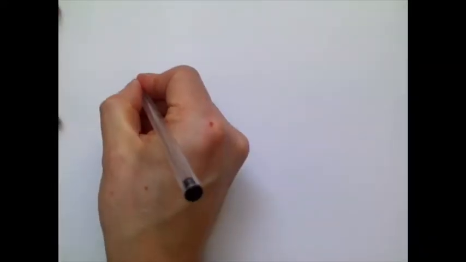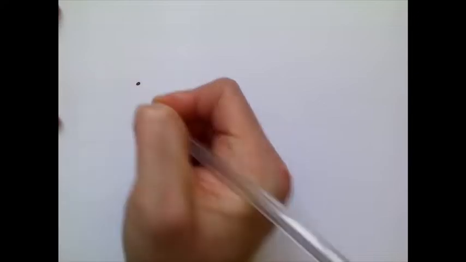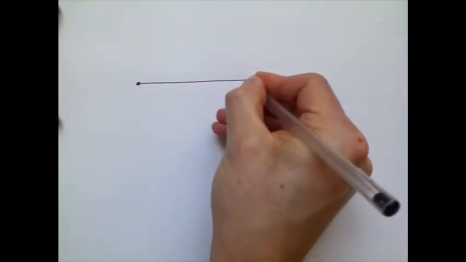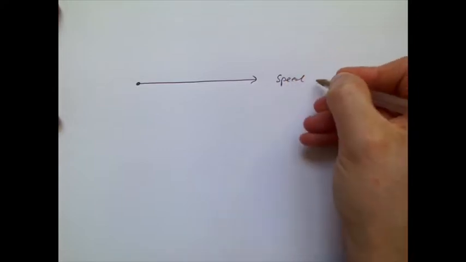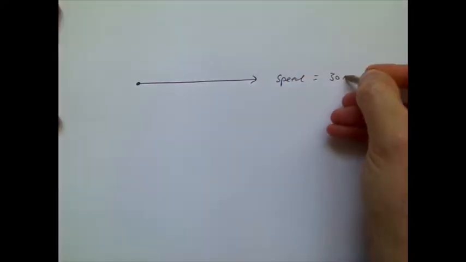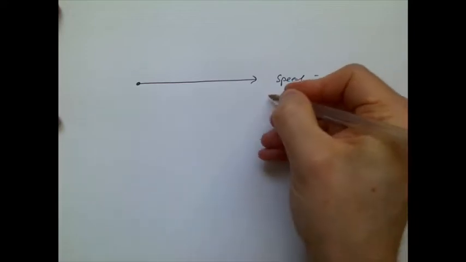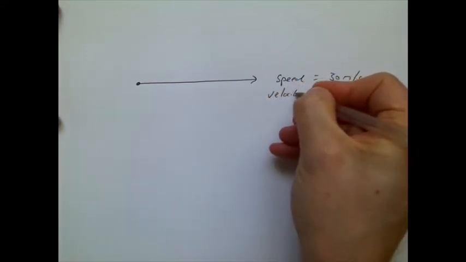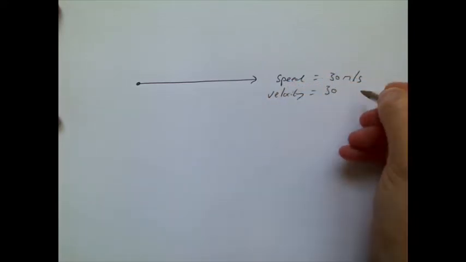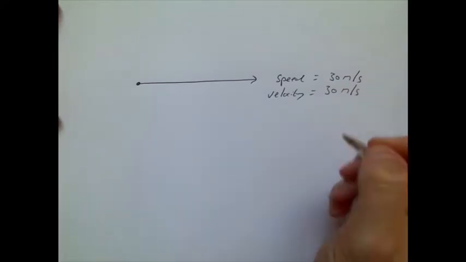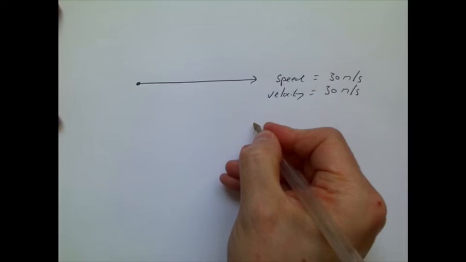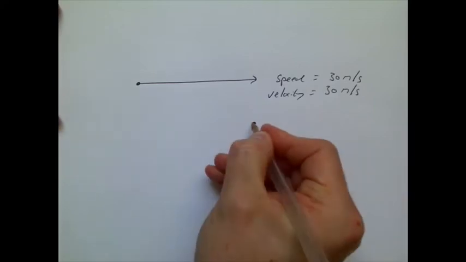So to understand how speed and velocity are different, imagine you've got an object and it is moving in this direction and it has a speed of 30 meters per second. Its velocity is also 30 meters per second. The difference comes though if this object now moves in the opposite direction.